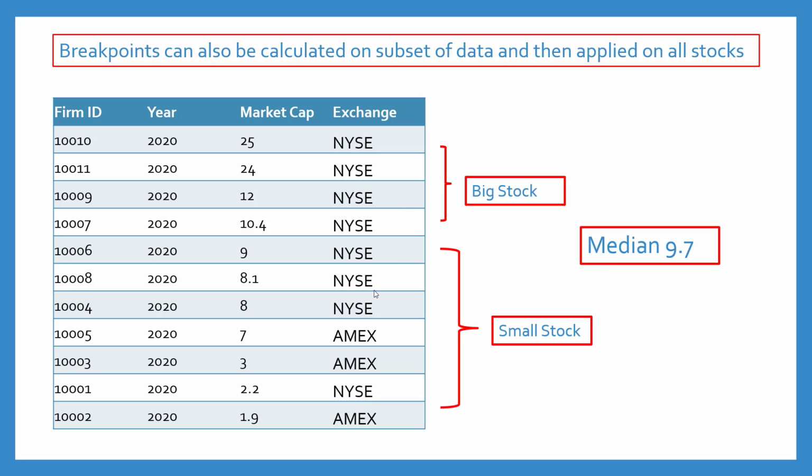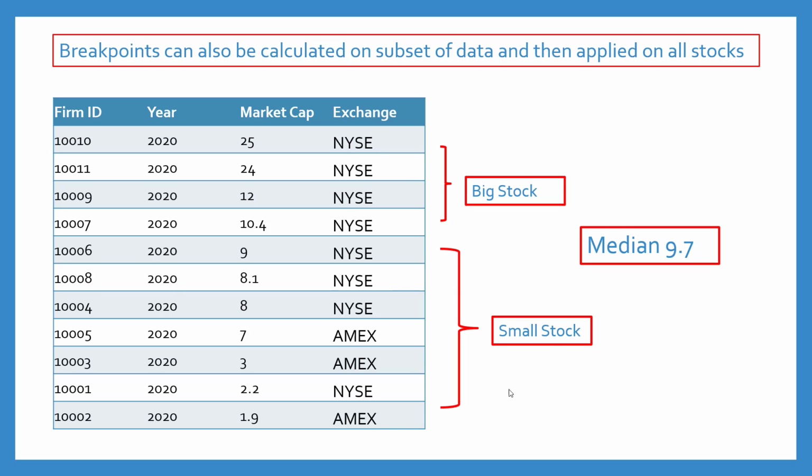Now, the reason for doing this in this specific case is that the NYSE stocks are usually large size stocks, and the Amex and NASDAQ are usually small cap stocks. If we take all the samples and divide them into portfolios based on, let's just say, a certain percentile, that method would literally separate the NYSE from Amex and NASDAQ, because Amex and NASDAQ are small stocks.